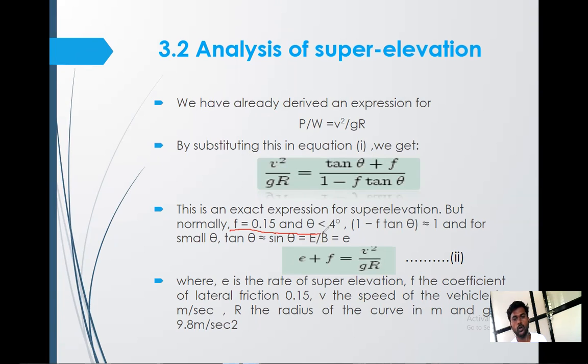Make them bold or underline these terms. F is equal to 0.15 and theta should be less than 4 degrees. Make an underline to these two terms so that they will be easily captured whenever you study for revision.